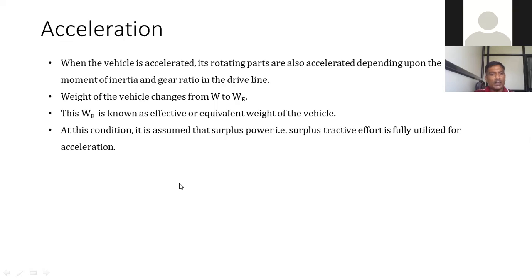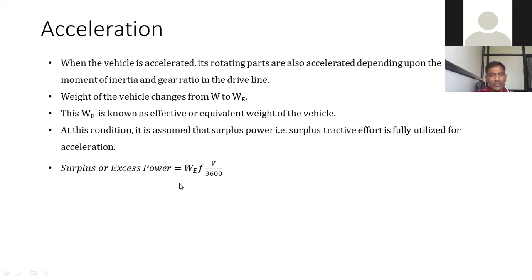So at this condition, whenever the vehicle is accelerated, its components are accelerated. At this condition, it is assumed that surplus power, that is surplus tractive effort, is fully utilized for the acceleration. So whatever excess power, it has been used to accelerate the vehicle.